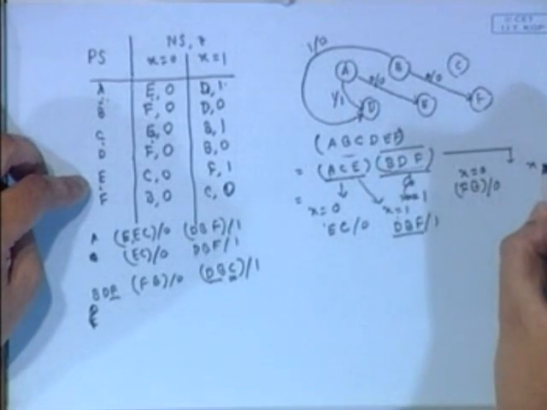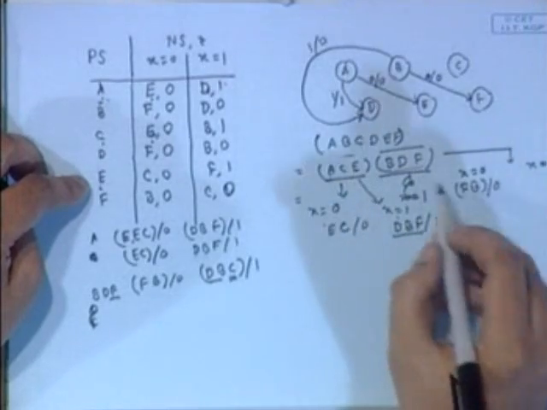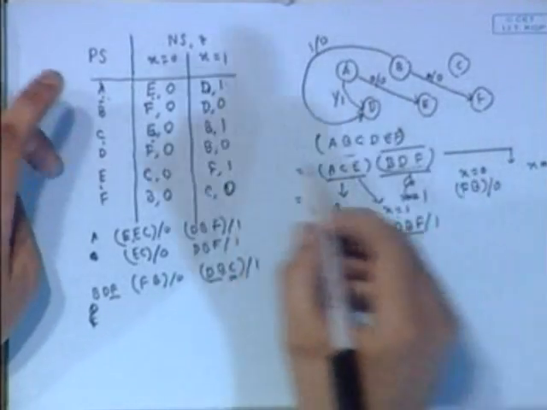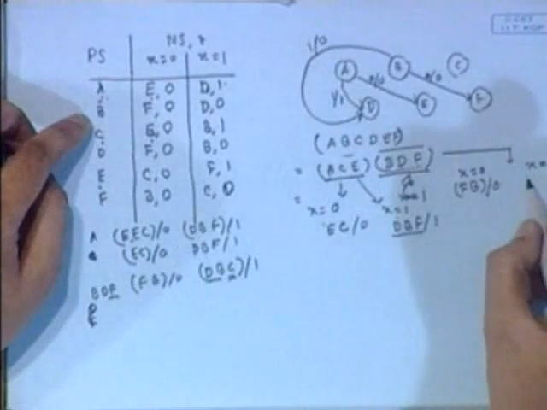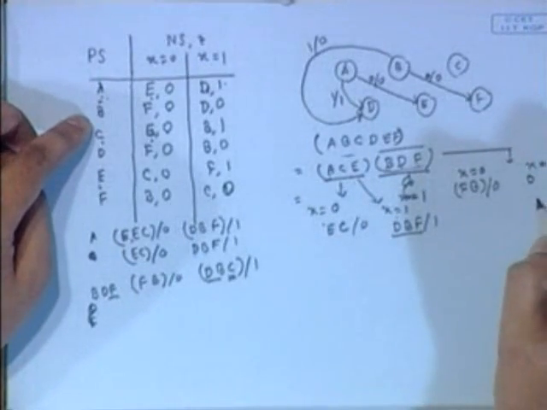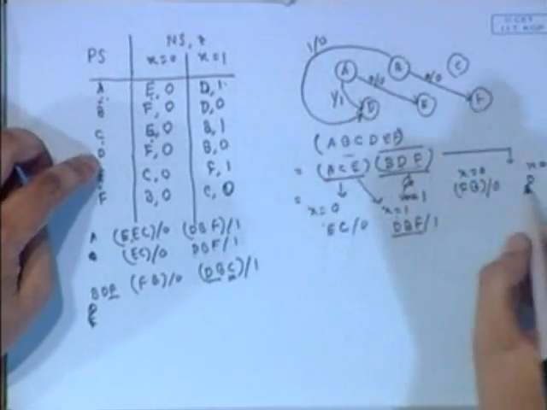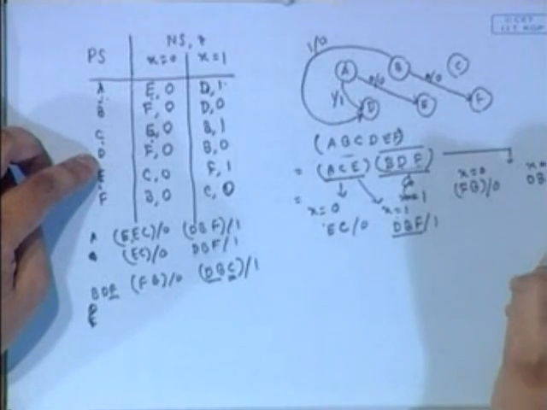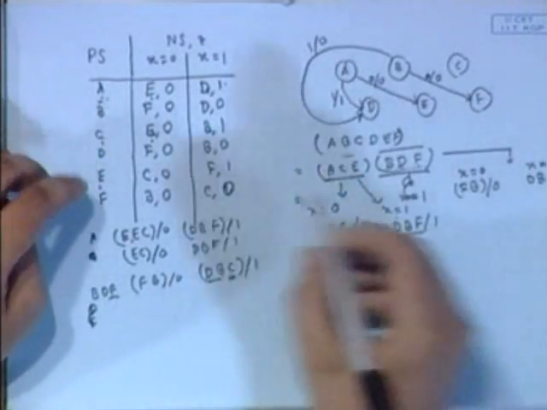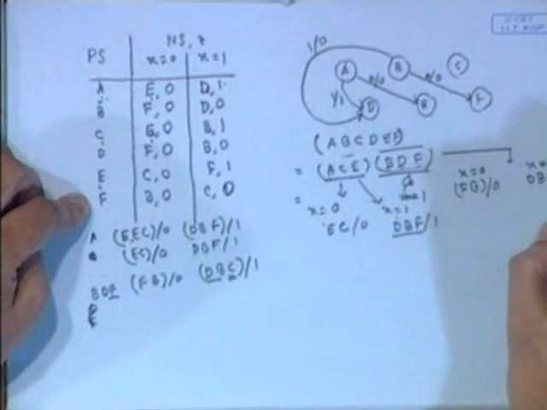And if you apply x equal to 1 input to B, D, F, then what will happen? For B it will go to D with output of 1. For D it will go to B with output of 0, and for F it will go to C with output of 0.